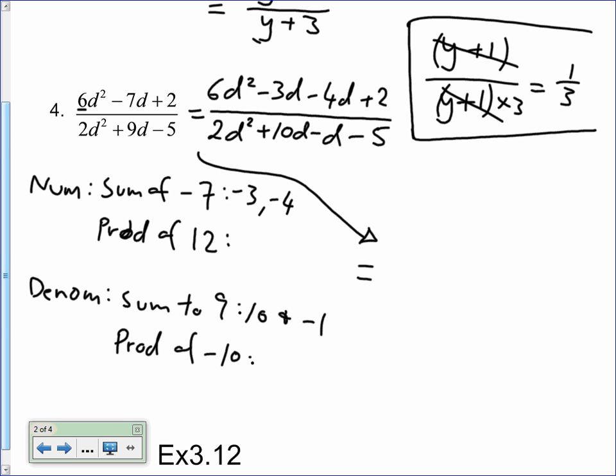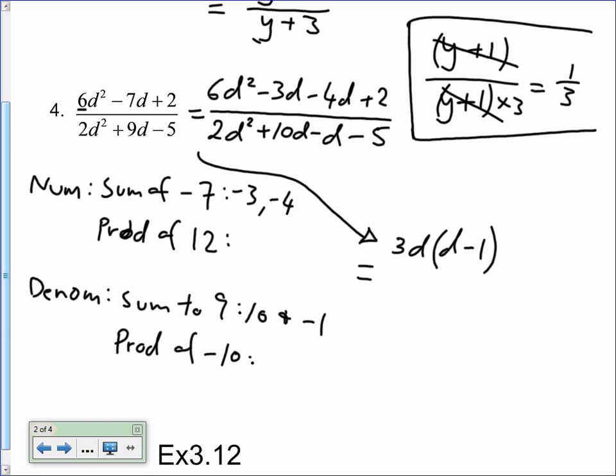Yes, Anne, question? Because the two numbers that add to 9 and multiply to minus 10 are 10 and minus 1. So that's the way of finding these numbers. Now I'm going to factorize top and bottom in pairs. So after 6d squared minus 3d, the common factor is 3d, d minus 1.